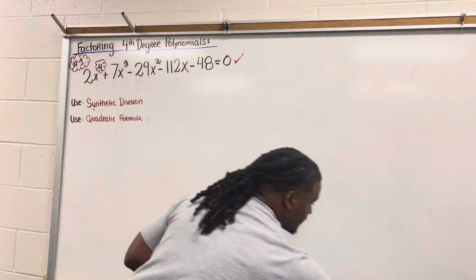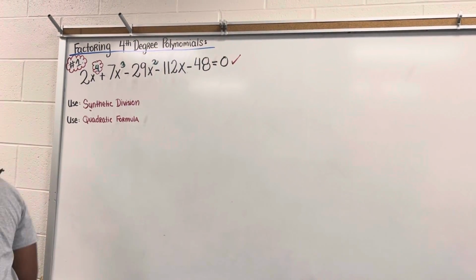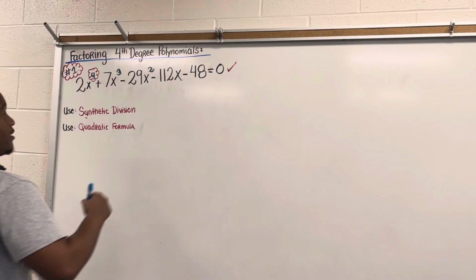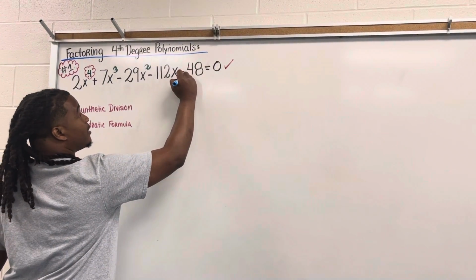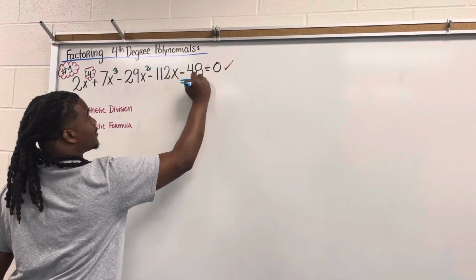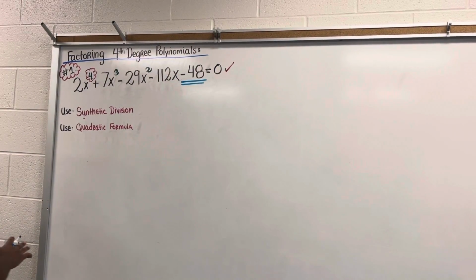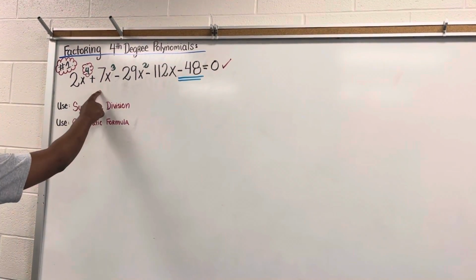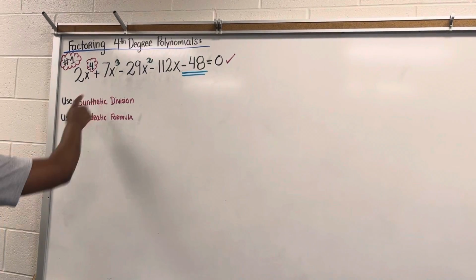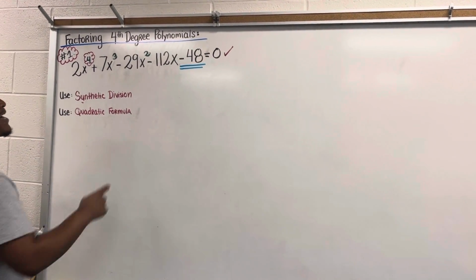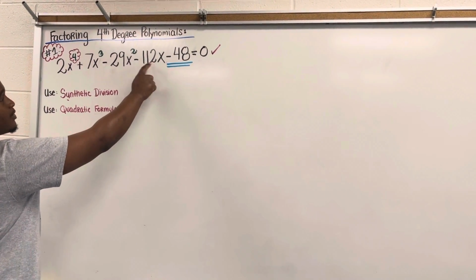Now, the only set of values that can be possible values are numbers that are a factor of 48, okay? So, step 1 is you want to figure out what value is the constant within the 4th degree polynomial. The constant is the number that is not attached to an x or to a variable, okay?